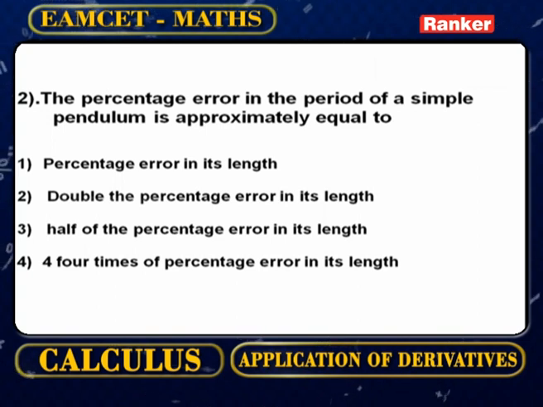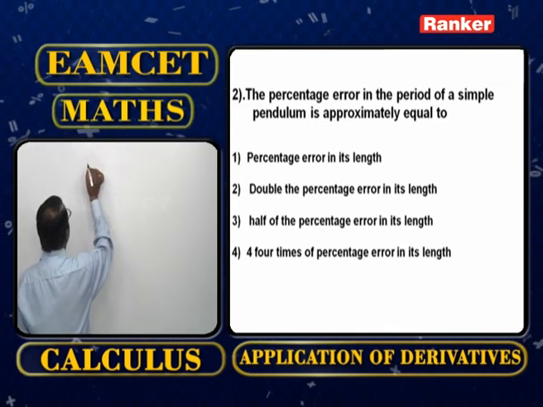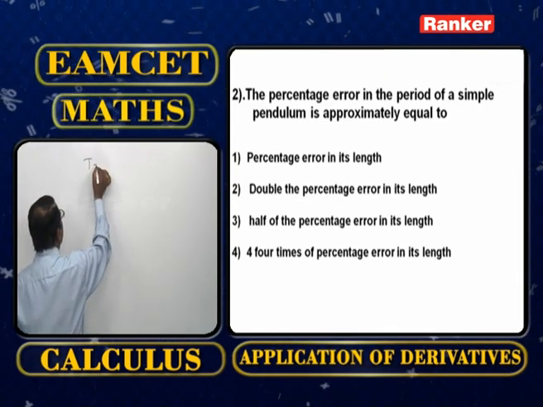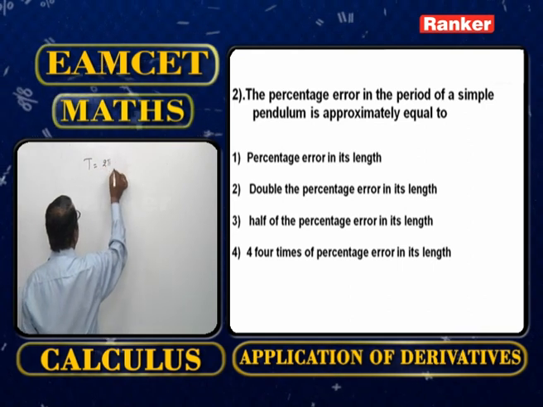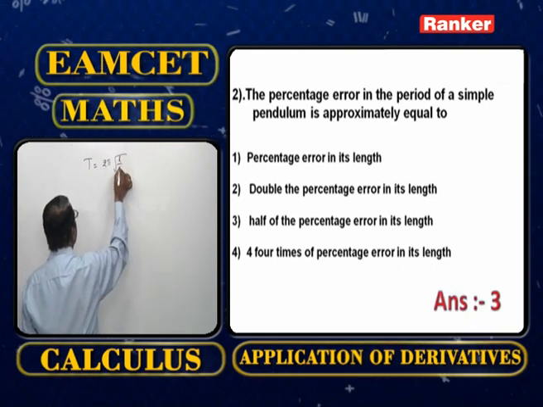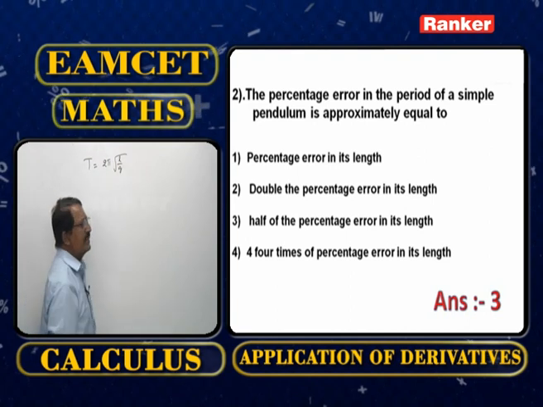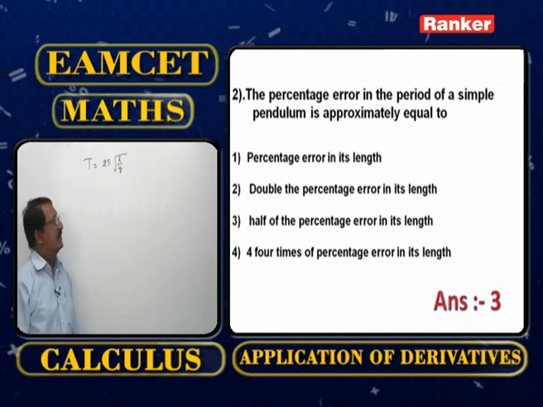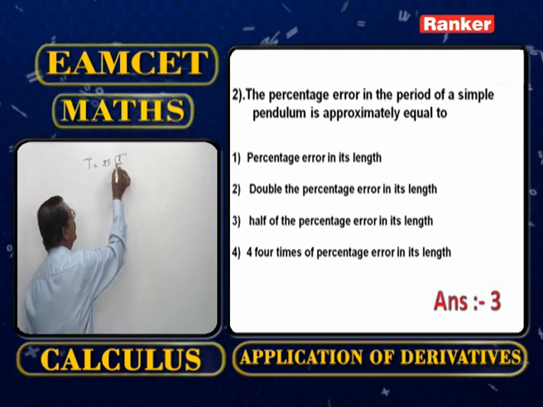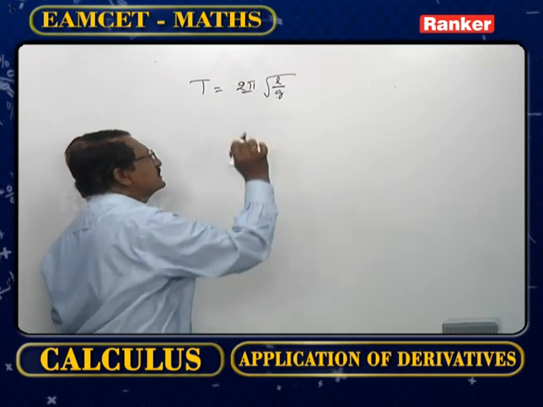The percentage error in the period of a simple pendulum is approximately equal to. Now, time period T equals 2 pi by under root of L by g, where L is the length of the pendulum and g is gravity. Now 2 pi is constant, g is also constant.